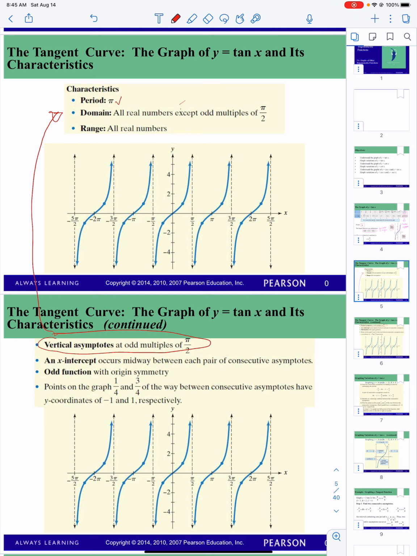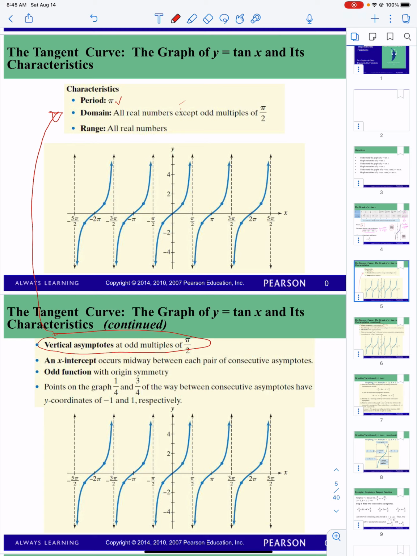What will be the vertical asymptotes? They are all the odd multiples of pi over 2. So pi over 2, 3 pi over 2, 5 pi over 2, all these things.